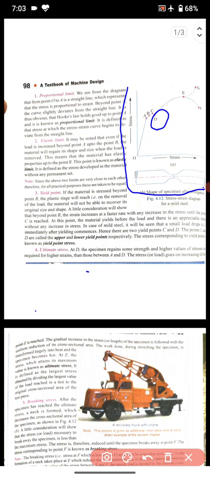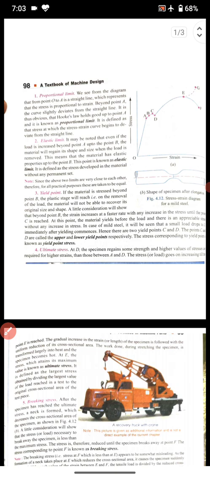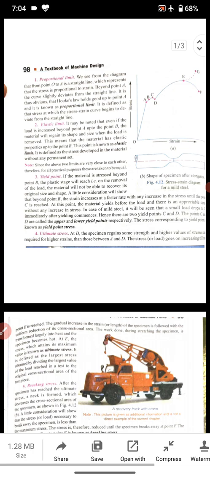Now, that is point E. Point E is the ultimate point, means in the stress strain curve, this point is maximum, means this material offers the maximum stress at point E. As the lower yield point is over, the material gets strain, but stress values also increase corresponding to strain value.